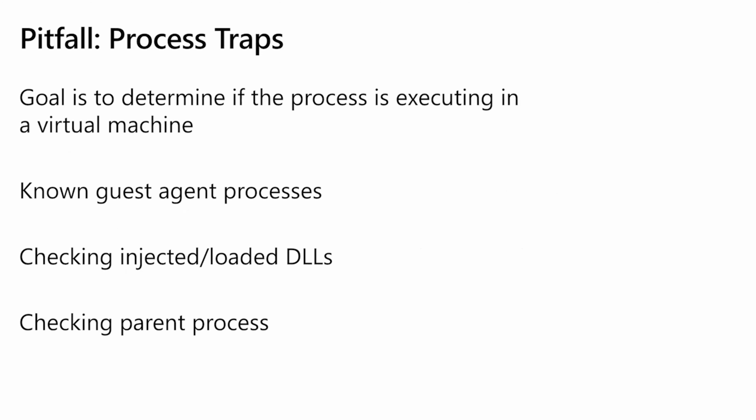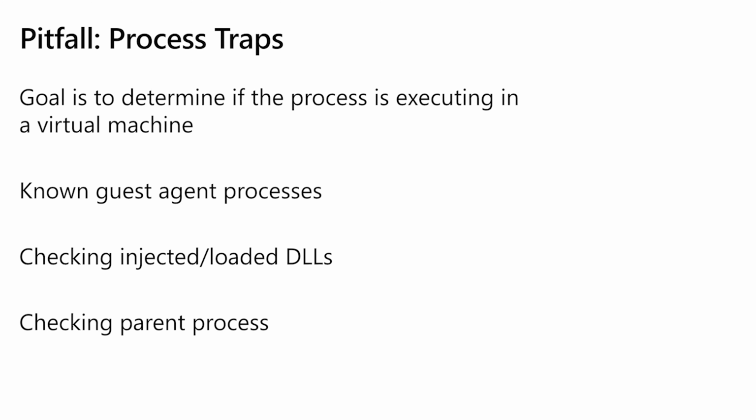All right, process traps. This is to determine what processes are actually executing, or if it's executing in the correct way. So one of the biggest ones is, well, down here, I put them in the wrong order, checking the parent process. So if you're executing as malware, like a user executed, it would have explorer.exe as the parent. But if you're executing with cmd.exe, obviously that's kind of sketchy.